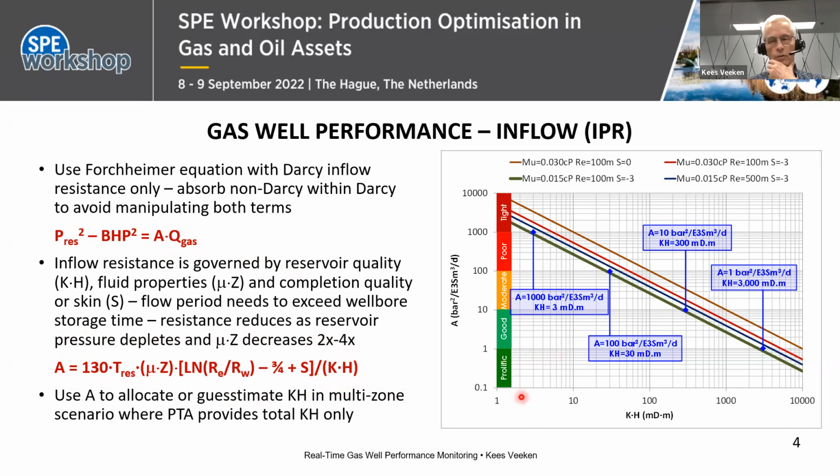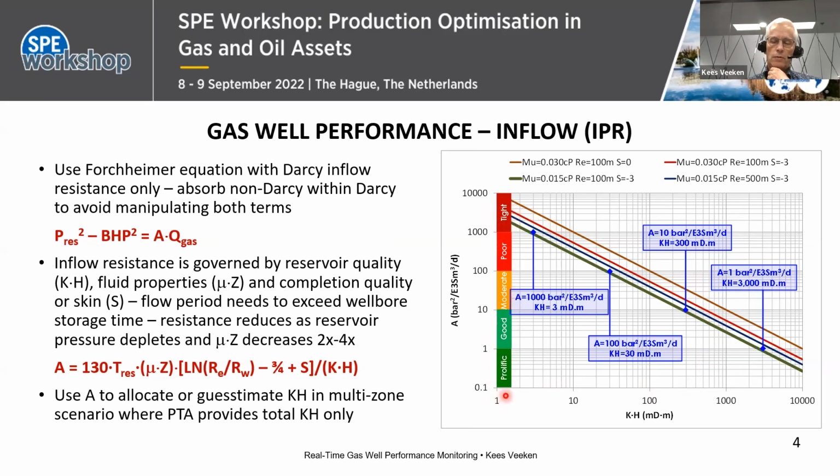In the plots on the right, you see KH on the horizontal axis, and the inflow resistance on the vertical axis. You can change viscosity, drainage radius, or skin, but overall the main parameter is KH. Here we've introduced a range of domains.